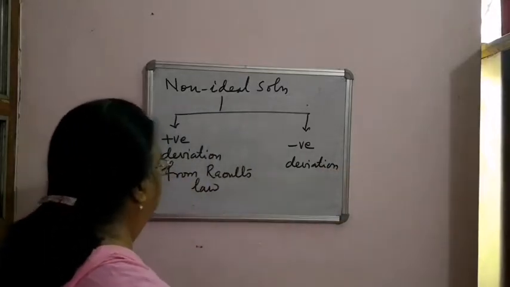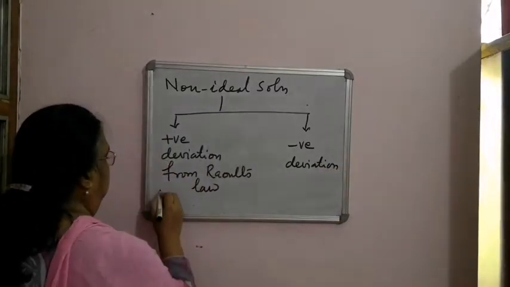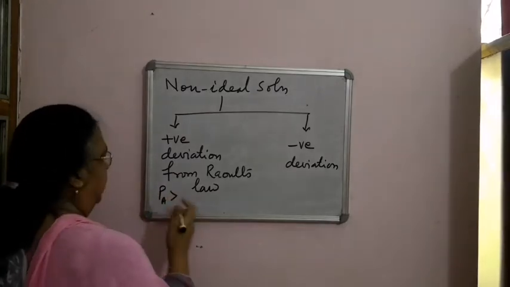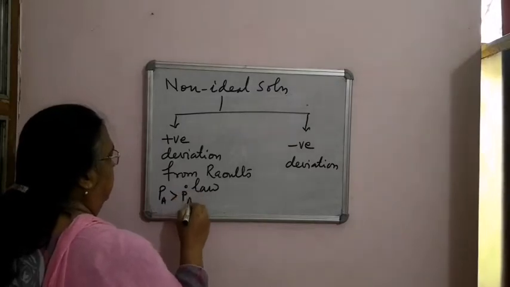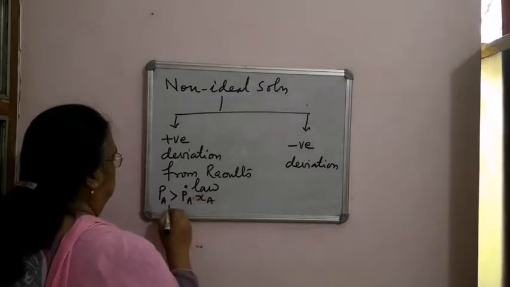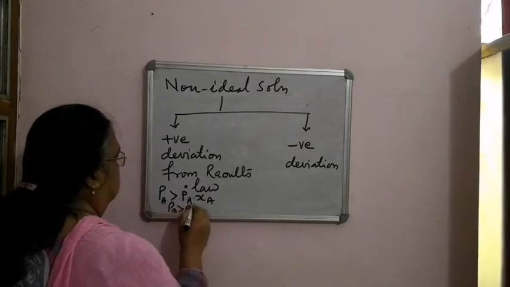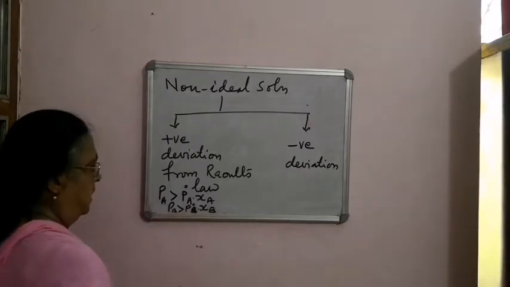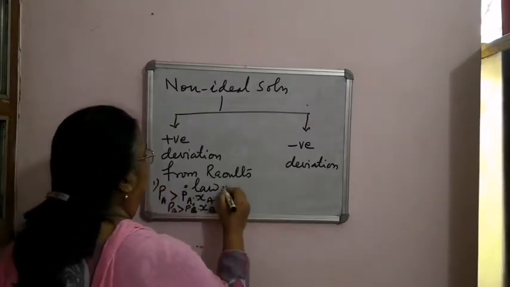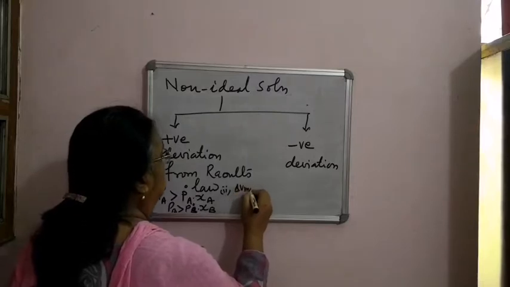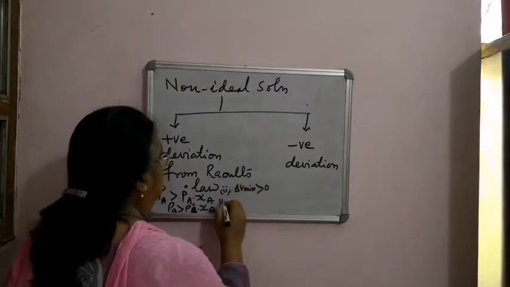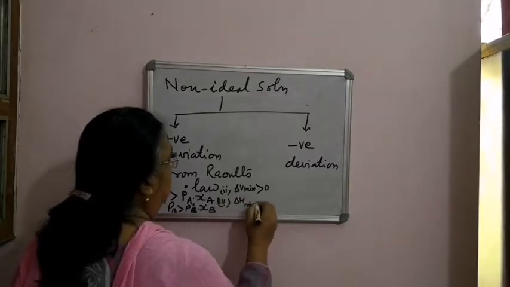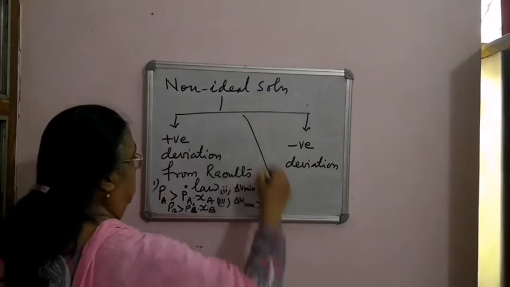For those which show positive deviation, the vapor pressure will be greater than the product of these two, for both the components. And delta V mixing will be greater than 0 and delta H mixing will also be greater than 0 for this solution.